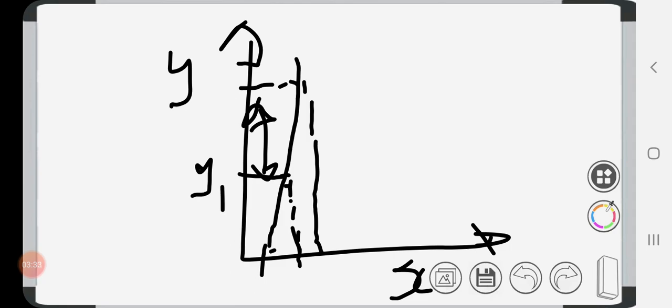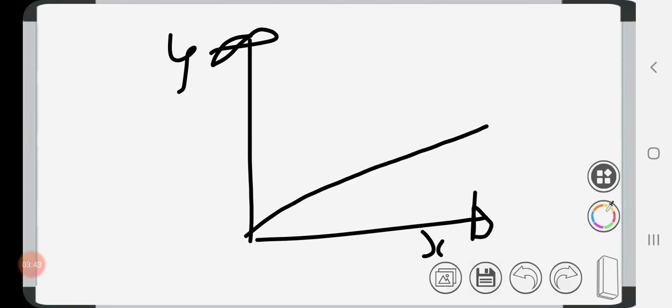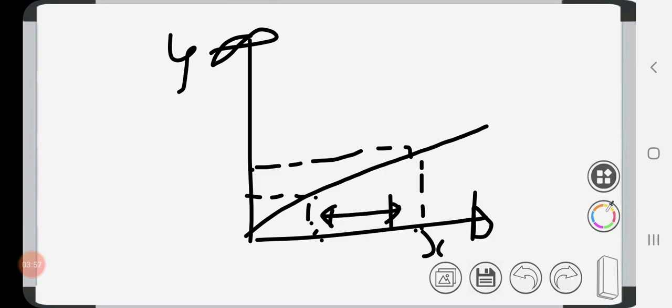So this is y1, y2. So, but if it was flat, y-axis, x-axis, flatter like this, it means that a big difference in x could mean a relatively small difference. There's a big difference here in x, but there's a relatively small difference here on the y-axis.